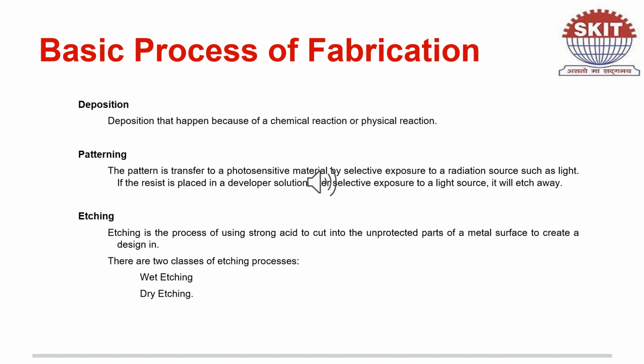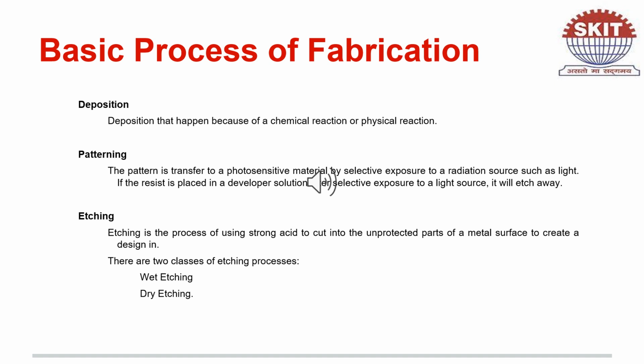Next is patterning. The pattern is transferred to a photosensitive material by selective exposure to a radiation source like light. If the resist is placed in a developer solution after selective exposure to a light source, it will etch away.